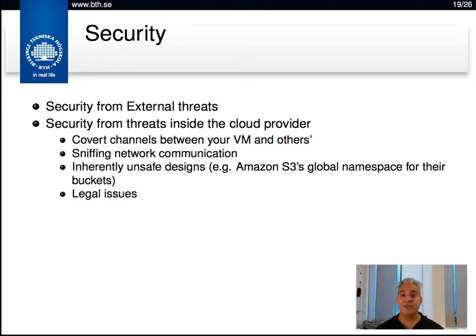There might be ways to sniff network communication, and the design choices that the cloud provider makes, for example with their storage facilities, might be inherently unsafe. There might also be legal issues involved here. So security has many different ways of showing its ugly head.